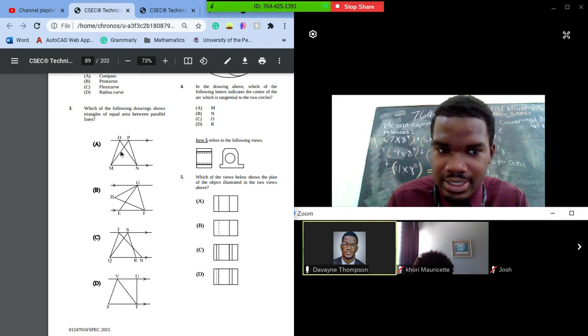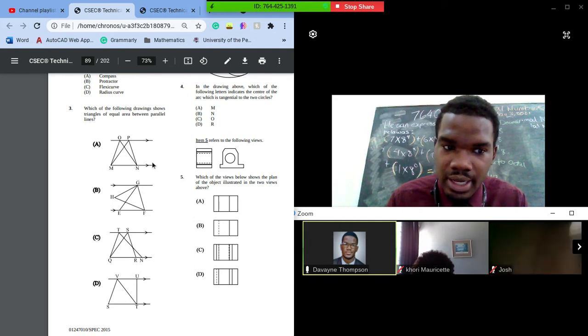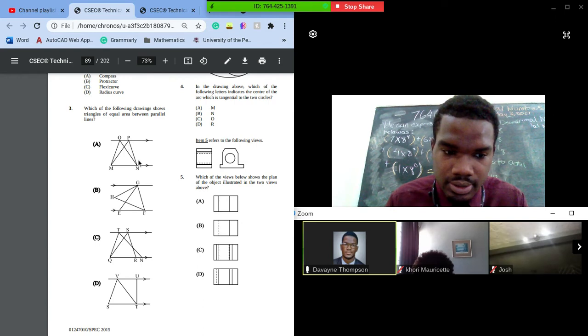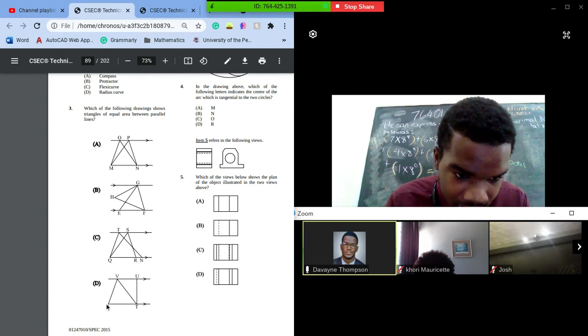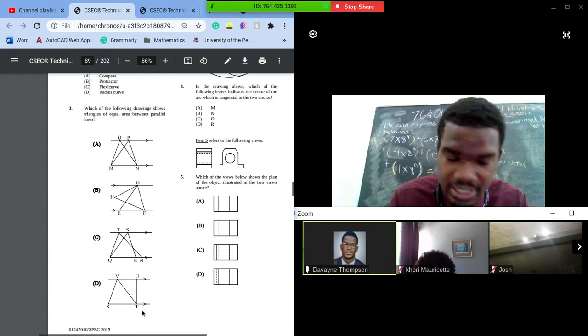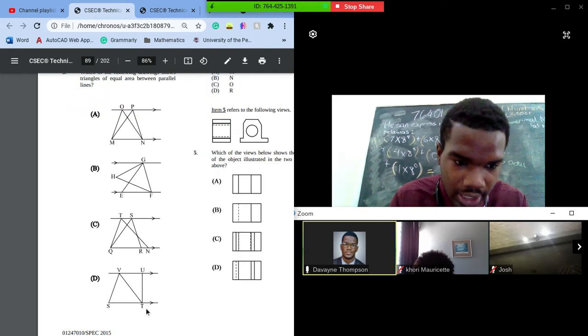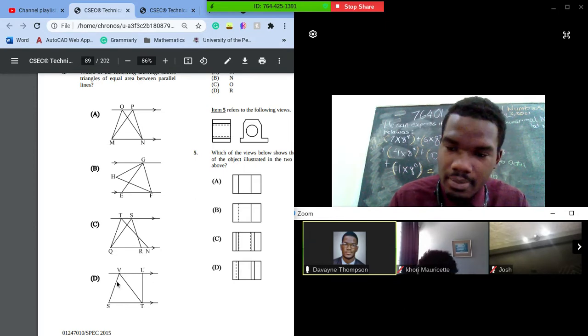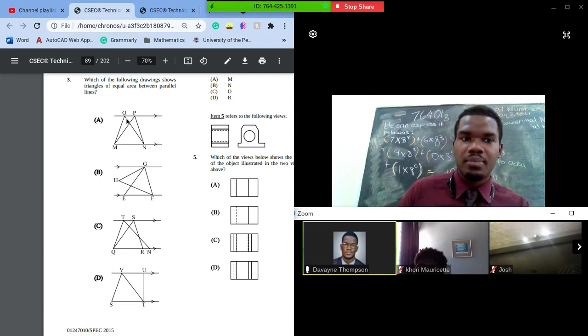So at least two points must be the same. So M and N are shared for both triangles. You could have said D, S and T, but that would not be true, because it's only one point that is shared right here. The next point is all the way up here. So that would not be an equal area. So the option would have been A.